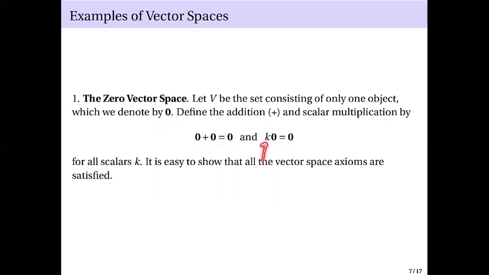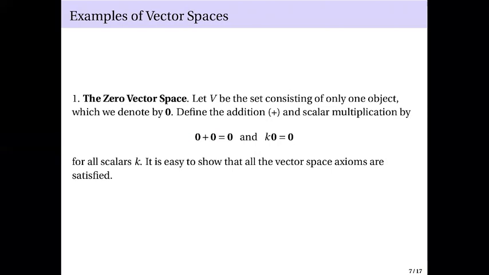And for any scalar k, you multiply to 0, you must get 0. So you only have one element in the set V. When you have these two operations, addition and scalar multiplication, you just operate them on the element 0 of the vector space V.